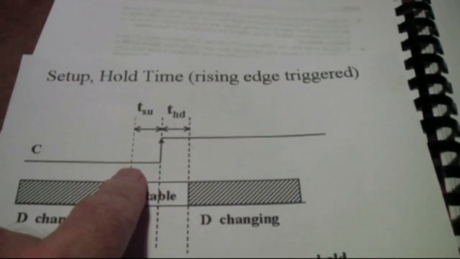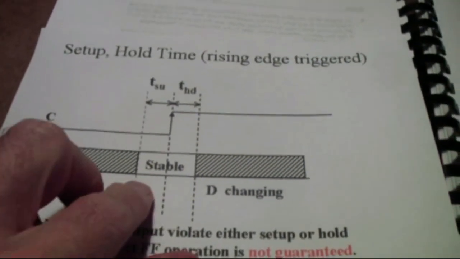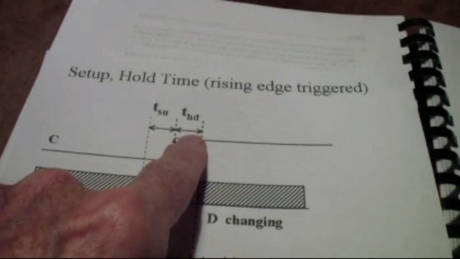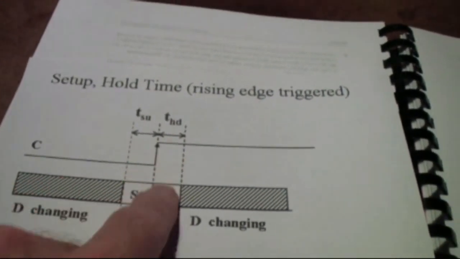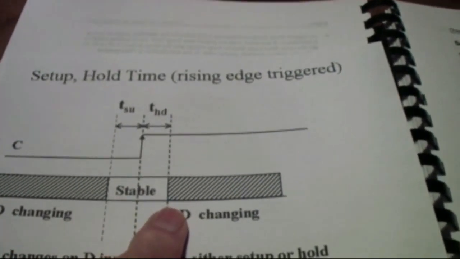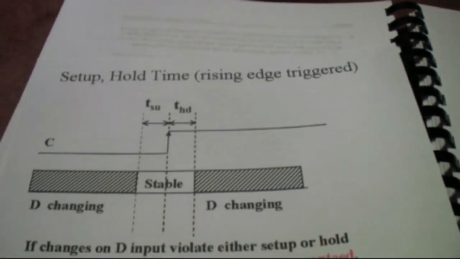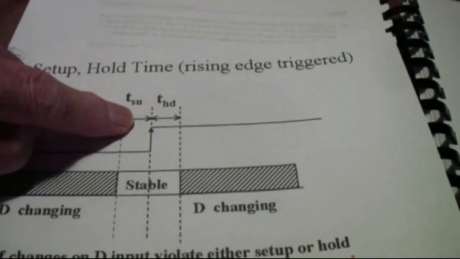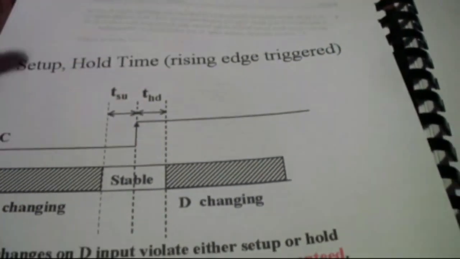The setup time is the time before that edge that the data line has to be stable for the latch to work reliably. Similarly, the time after the clock edge that the data line has to remain stable is called the hold time. And once again, the Rigol allows you to set up for either setup time or hold time or both.